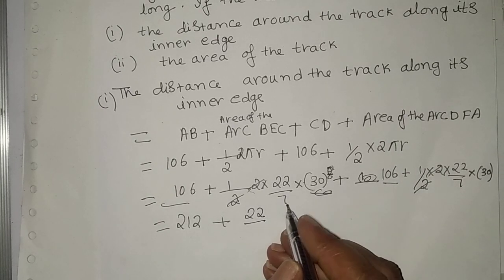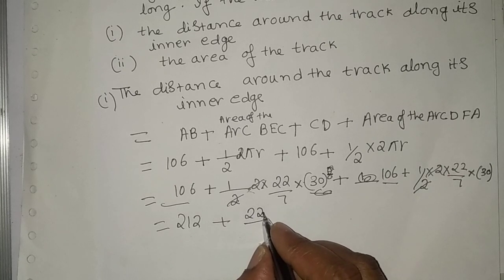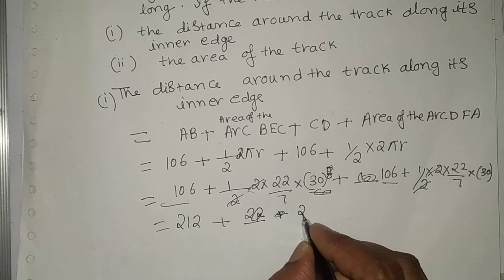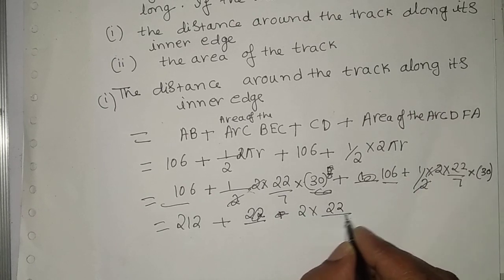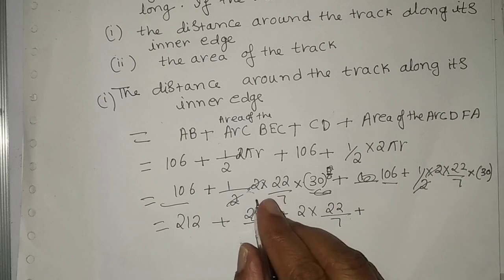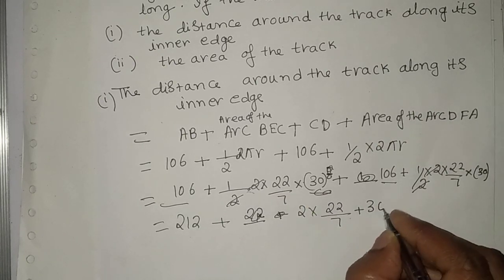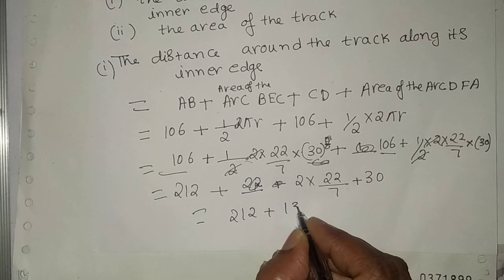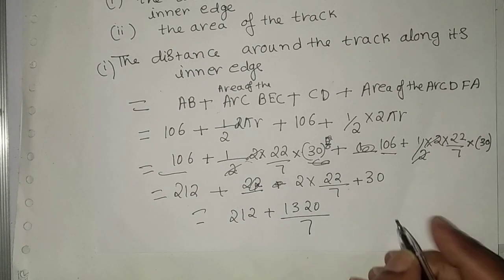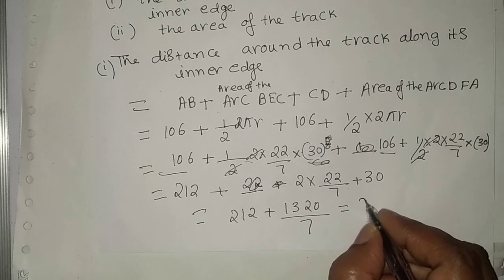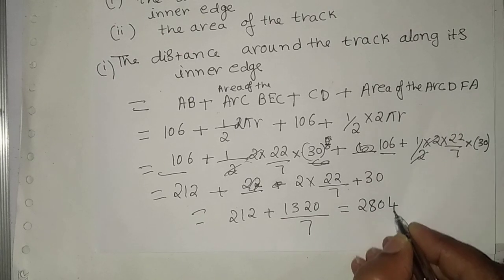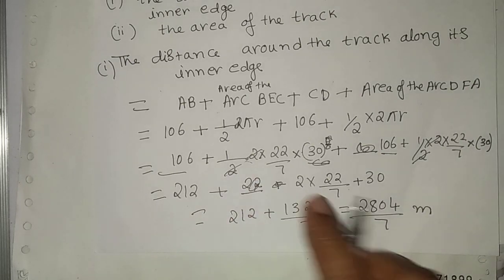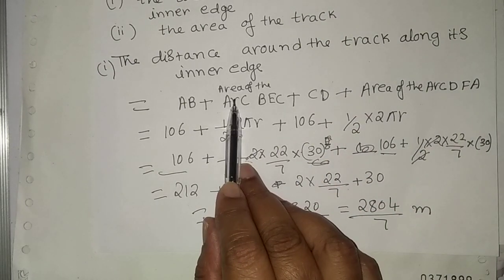So we get 212 plus 2 into 22 by 7 into 30, which is 212 plus 1320 by 7, which equals 2804 by 7 meters. This is the distance around the track along its inner edge.